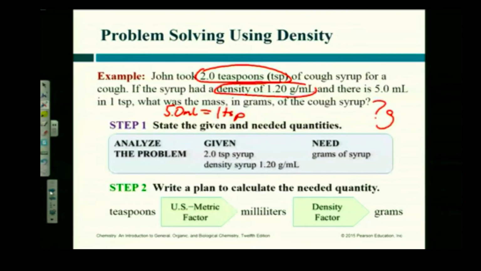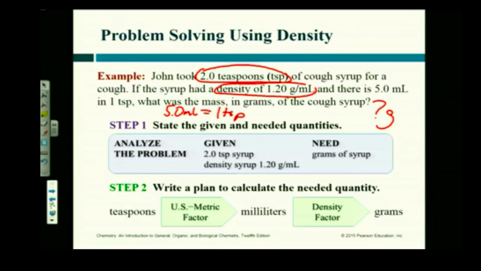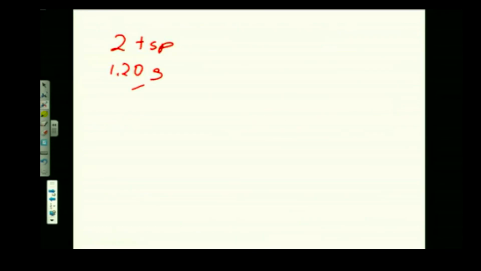Let's see if I can remember all this. 2 teaspoons, 1.20 grams per milliliter, and 5 milliliters equals 1 teaspoon. And I want to know grams.